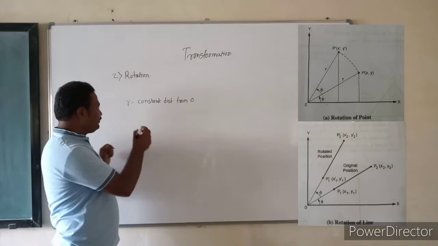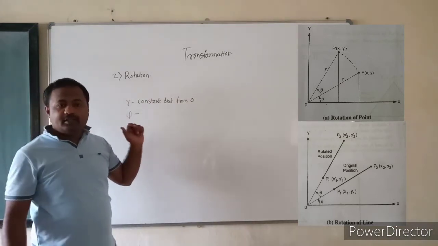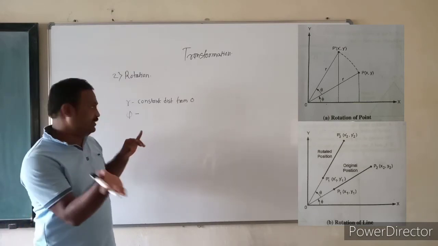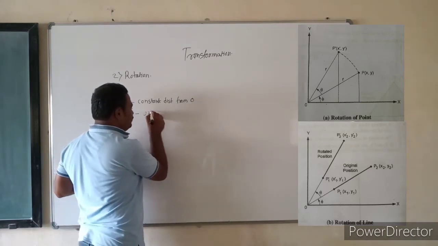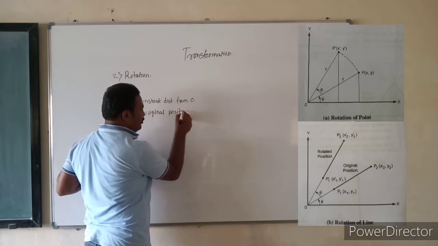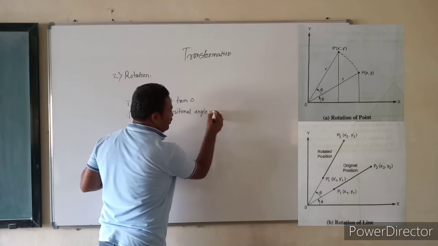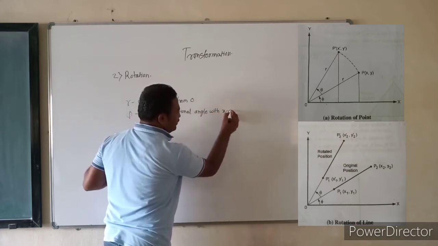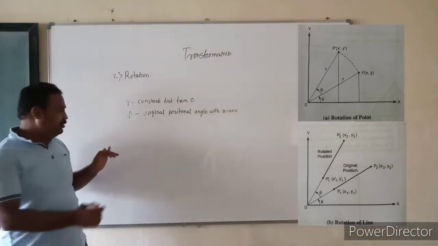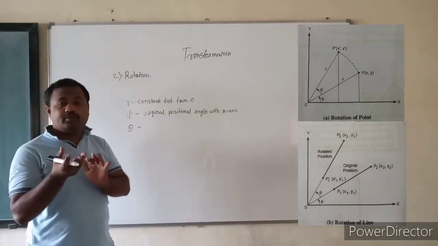Then phi is the original positional angle with the x axis, which is horizontal.